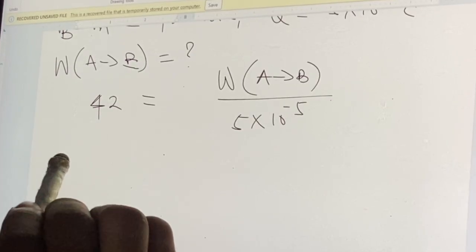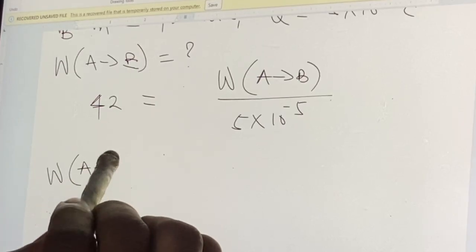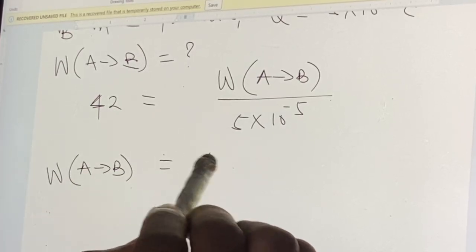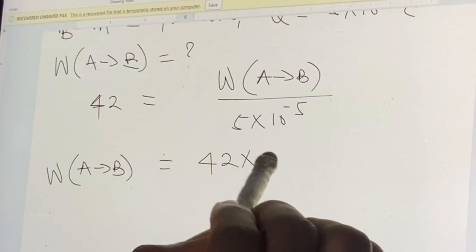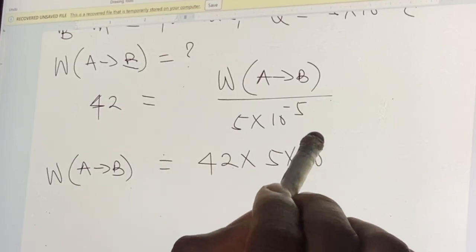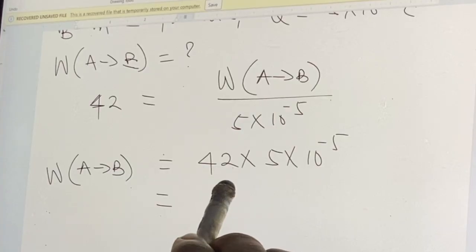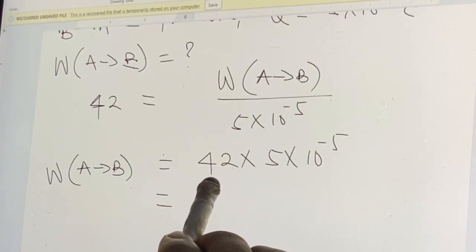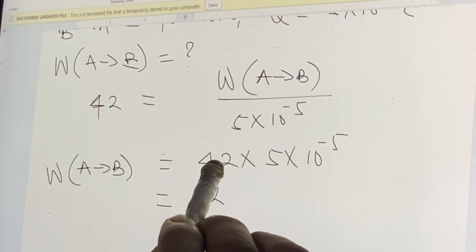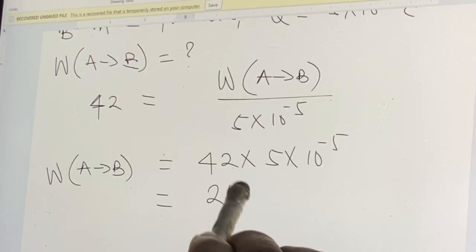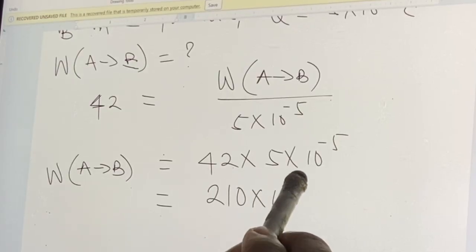Work done will be equal to 42 times 5 times 10 to the power of minus 5. So punch your calculator here. 42 times 5 gives us 210 times 10 to the power of minus 5.